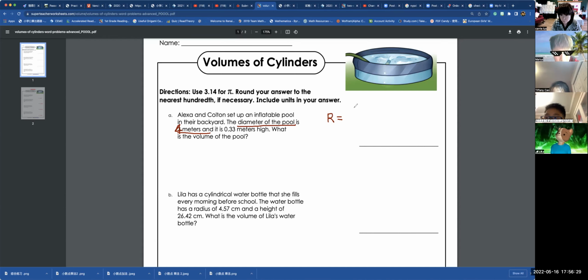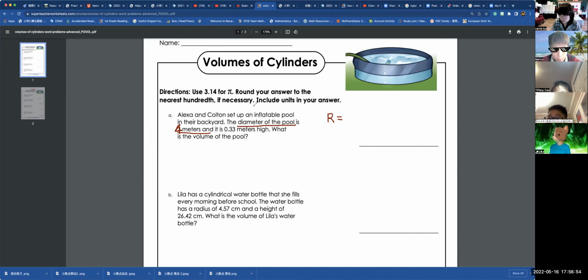What? If the diameter of the pool is 4 meters, what is the radius? Hello? Morris, what are you doing?